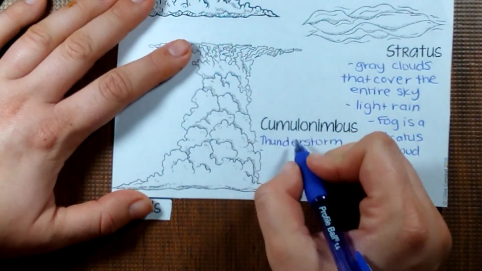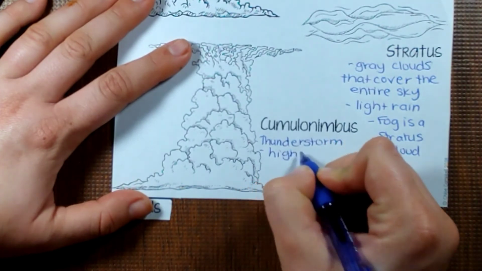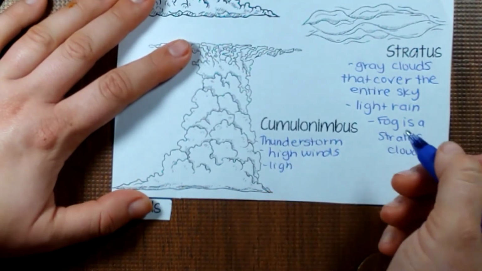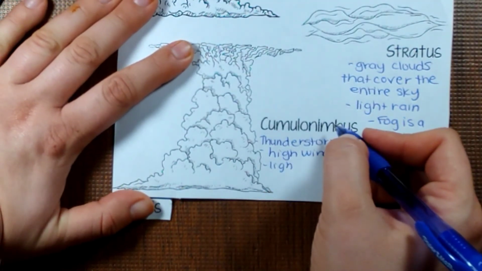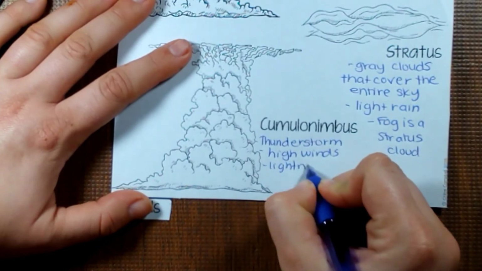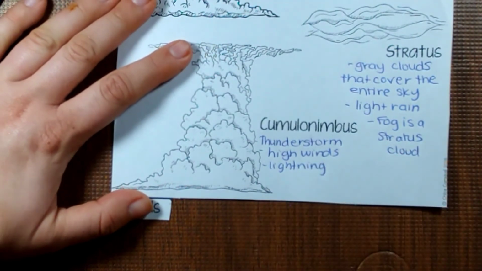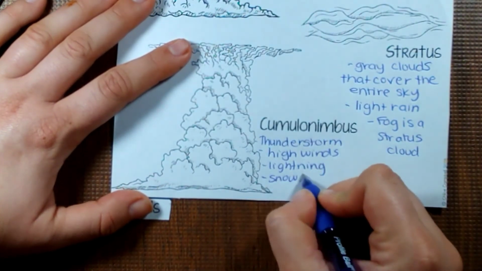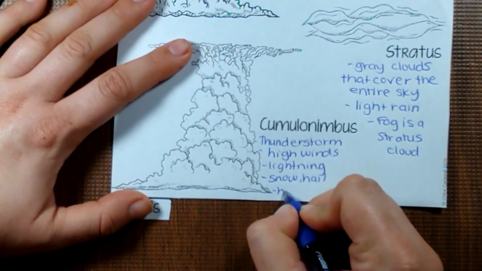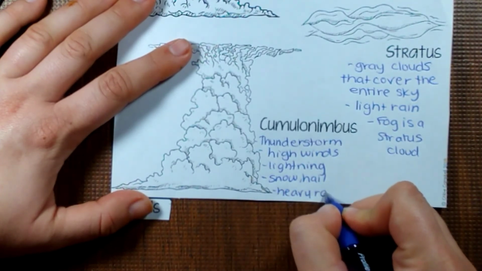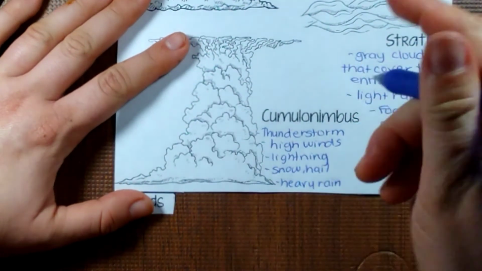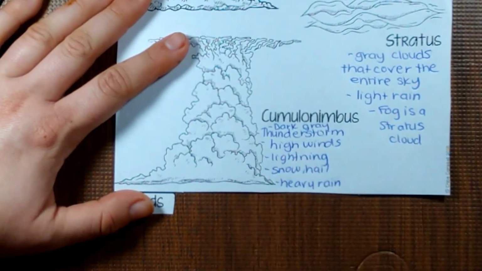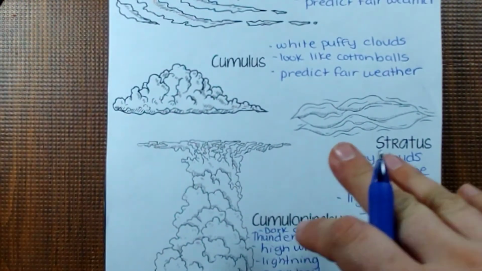These have high winds, lightning, snow, hail, heavy rain. And obviously they are dark gray clouds.